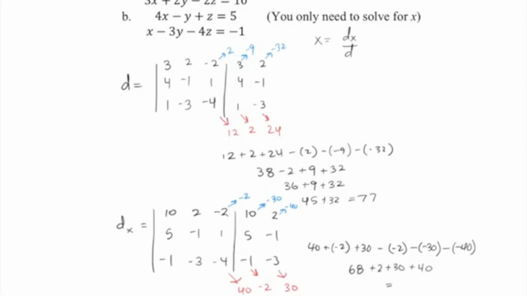That's 140. So then coming back up here, x is equal to the determinant d sub x, so that's 140, divided by determinant d, which is 77. So that means x is equal to 140 divided by 77, which is 1.81, repeating.